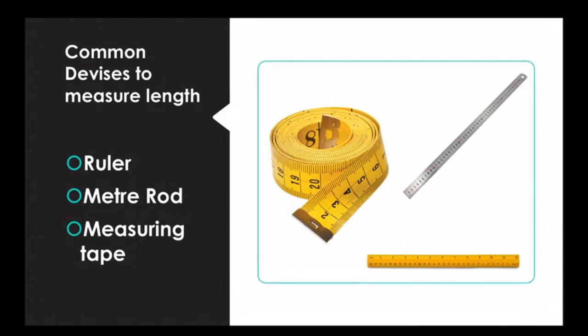And then we have the measuring tape. The measuring tape is flexible enough that we can measure curved surfaces, right? So you see in the picture, this is a standard ruler which we use at school, this is the ruler which you will find in the clothes shop, and the meter rod, and this is the measuring tape.